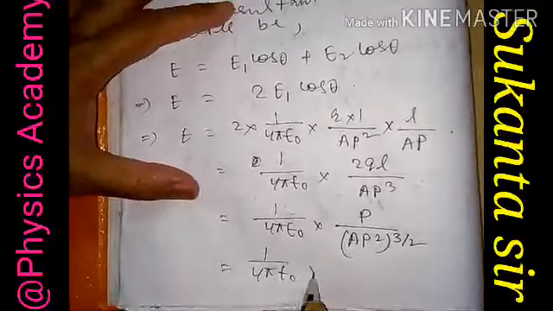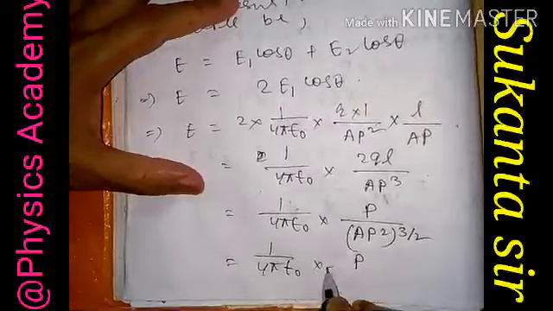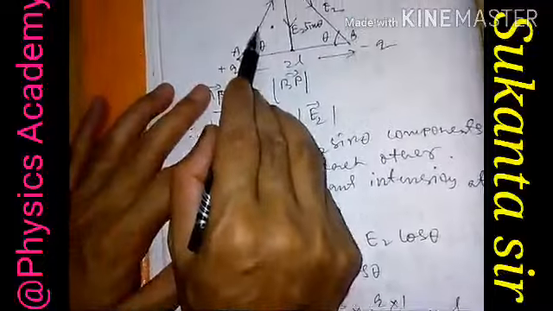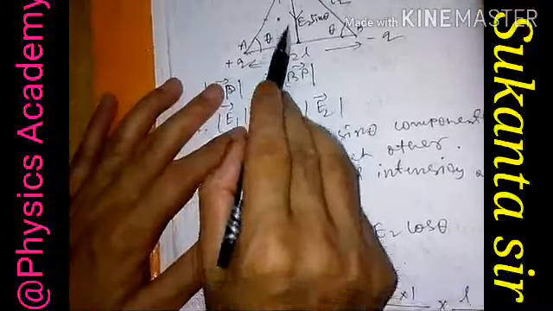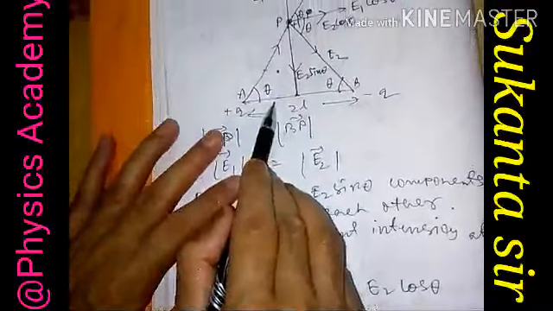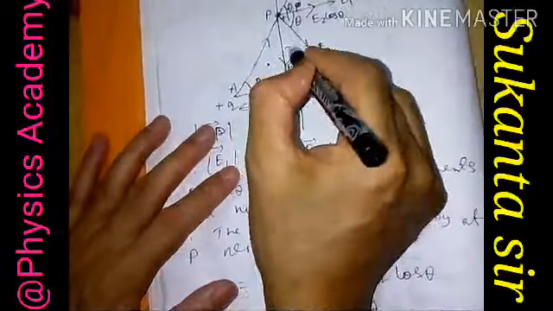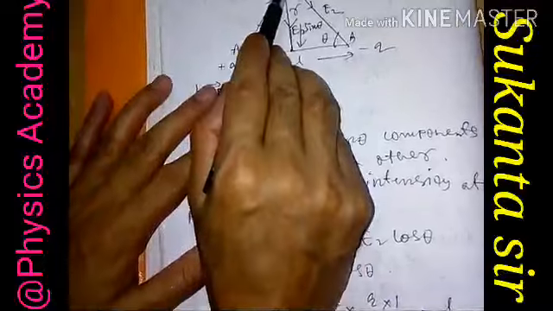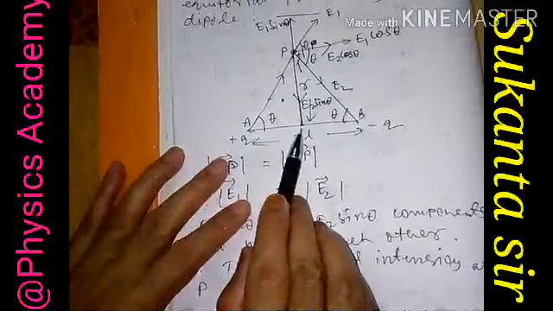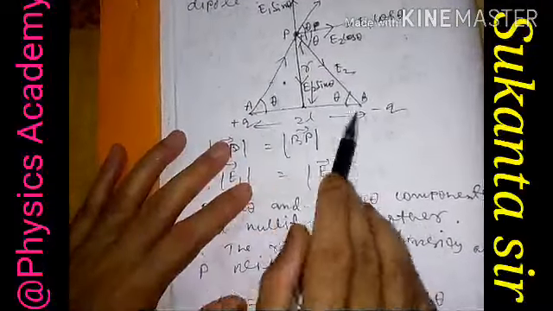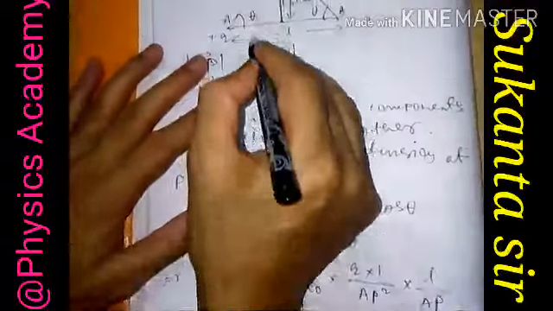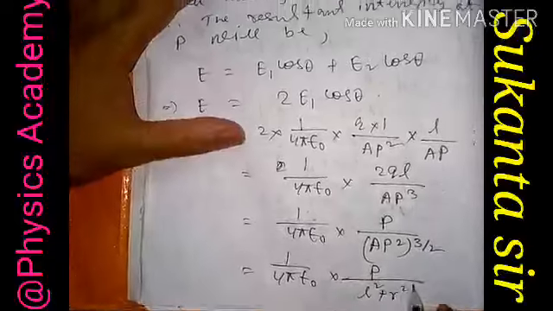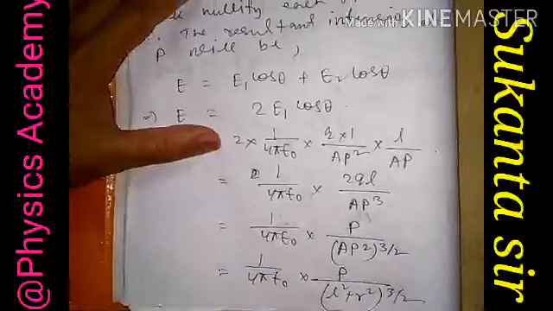So 1 by 4 pi epsilon naught p divided by AP square, where AP is the hypotenuse, this is the perpendicular, and this is the base. If we take r as the distance of the equatorial point from the middle point of the dipole, then this one is L. AP square we can write as (L square plus r square) whole to the power 3 by 2.